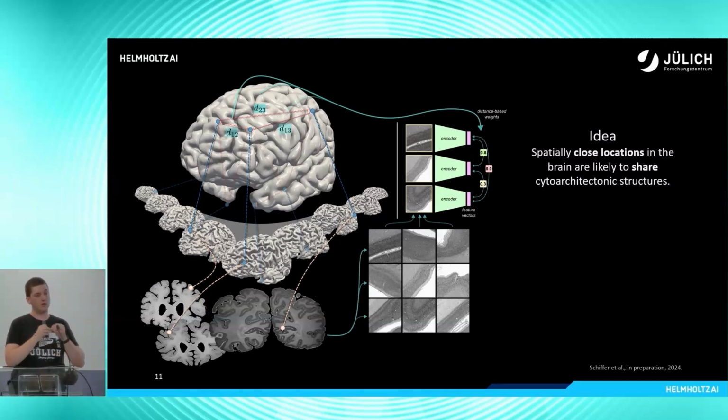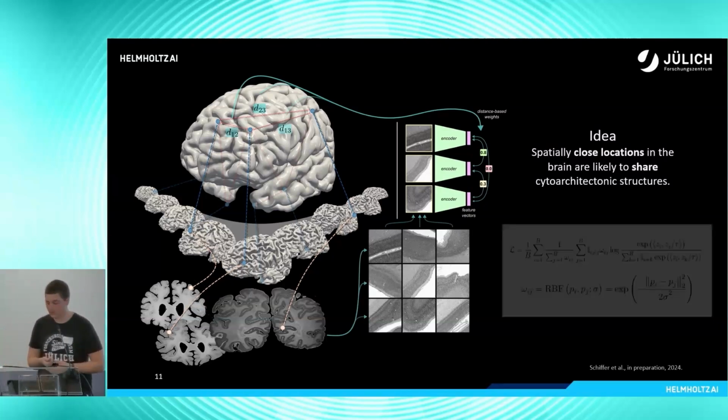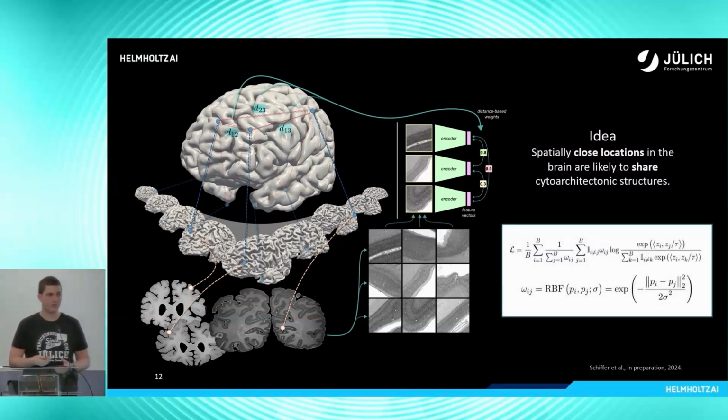And points which are far apart are mapped to very dissimilar feature vectors. This is the loss function. It's a variant of the so-called InfoNCE loss, which is a common loss used for contrastive learning, for self-supervised learning that some of you might know. The main differentiation here is that we define a similarity on the distance really.